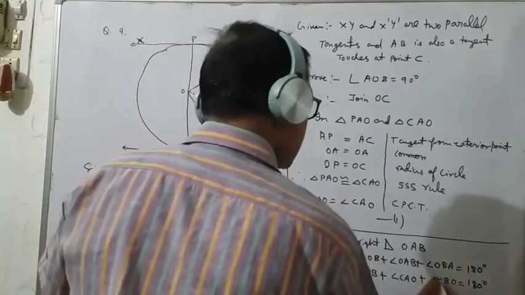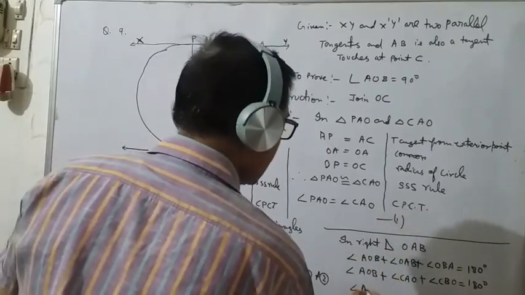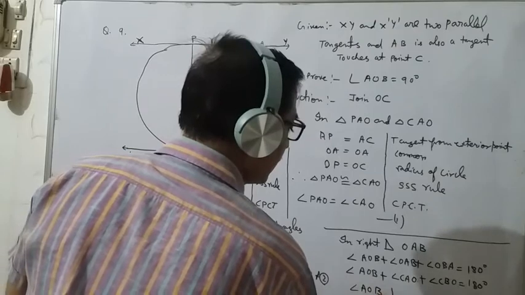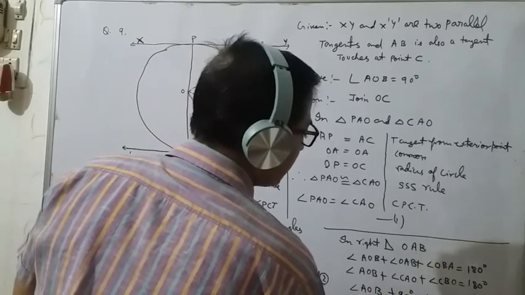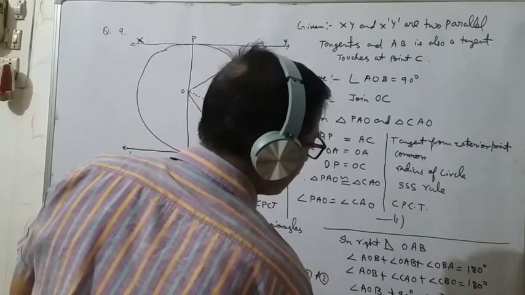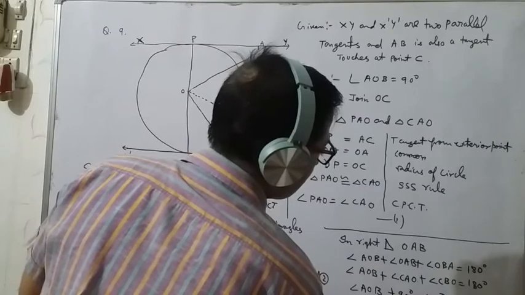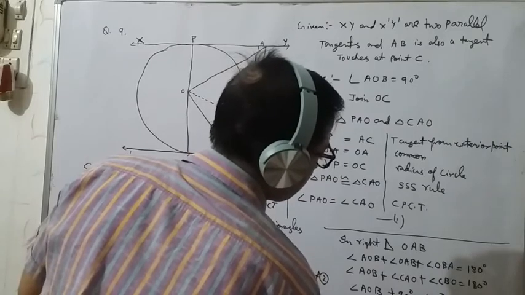Now this addition is equal to what? That is given 90 degrees. Angle AOB plus 90 degrees equal to 180 degrees. So angle AOB equal to 180 minus 90 degrees equal to 90 degrees.